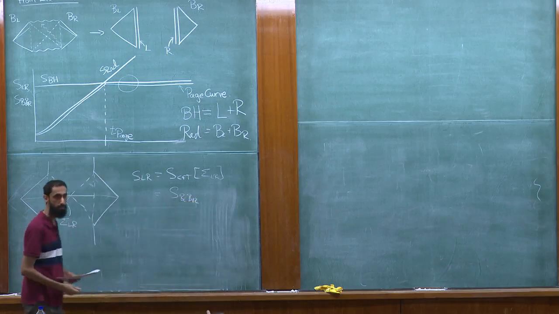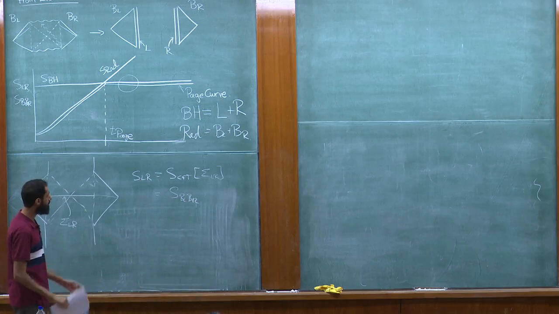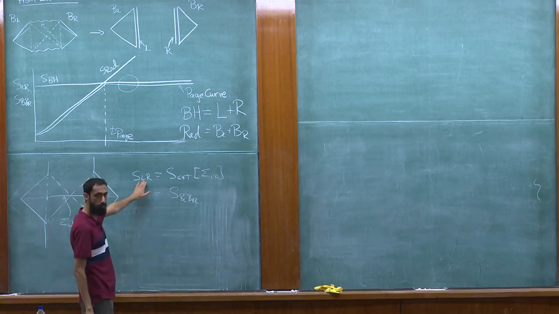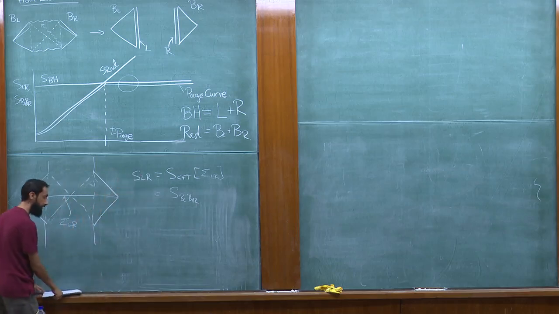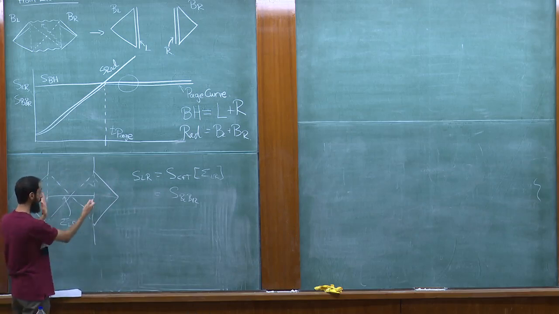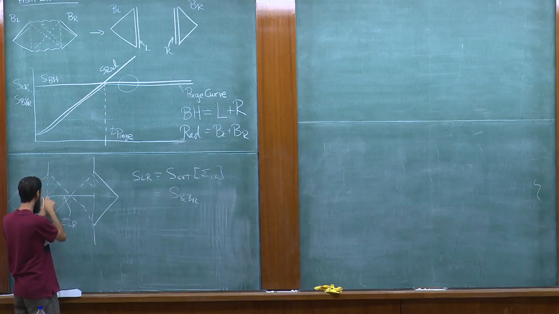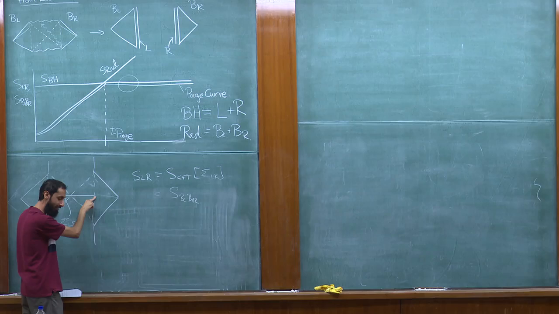So I'm saying there's a naive guess for what the entropy of the union of LR is, and that guess is simply the CFT entropy of the space-like region that starts here and ends there. The bulk matter CFT.